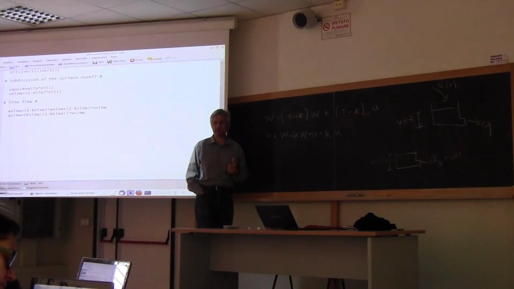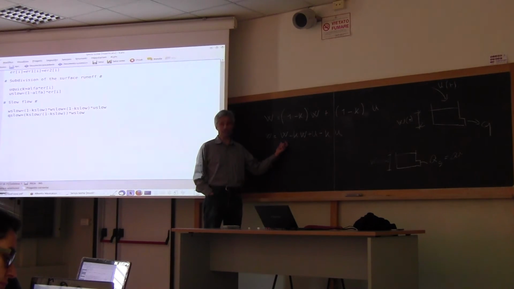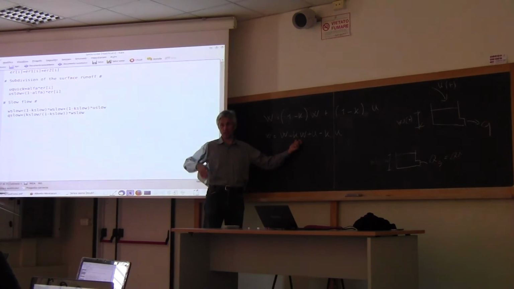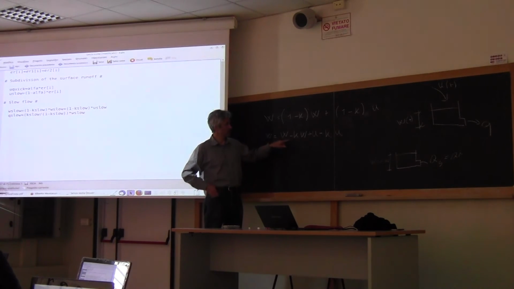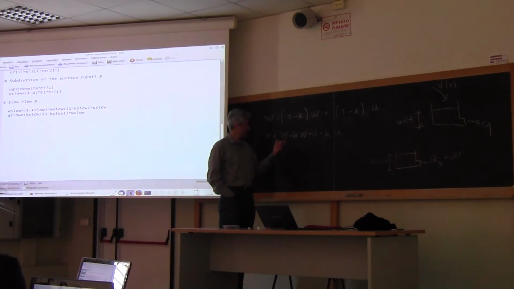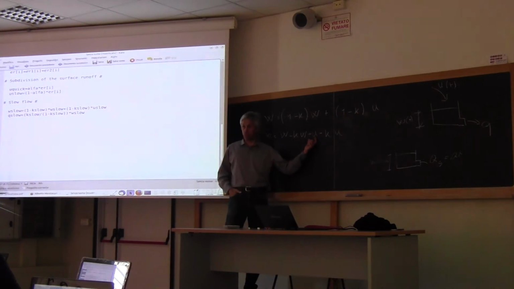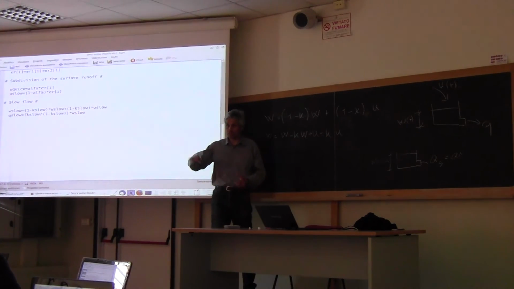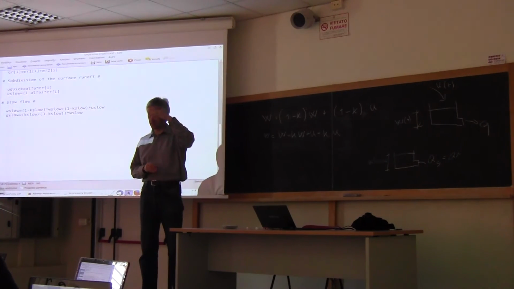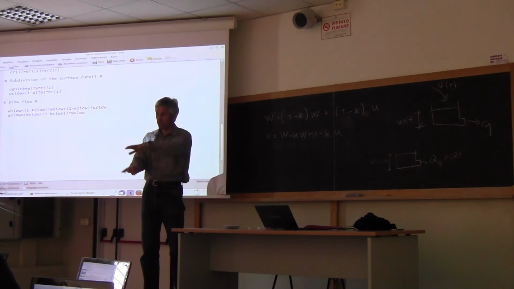So basically what it says is W is equal to the previous value of W minus what outflows, because it's the computation of the linear constant times the previous value of W. So it's basically saying that W is equal to the previous value minus what goes out, and rainfall is still not taken into account here, plus rainfall, which increases the W value, minus what goes out, because while it rains, W increases, and part of the rain goes out from the reservoir.